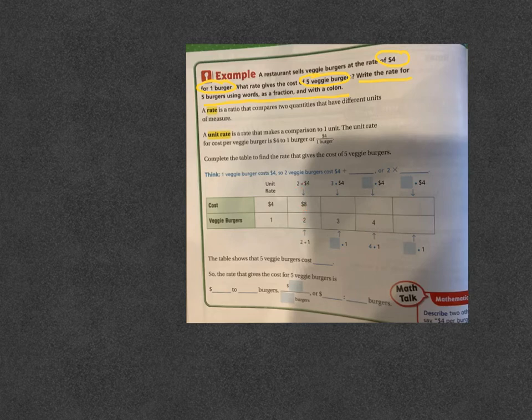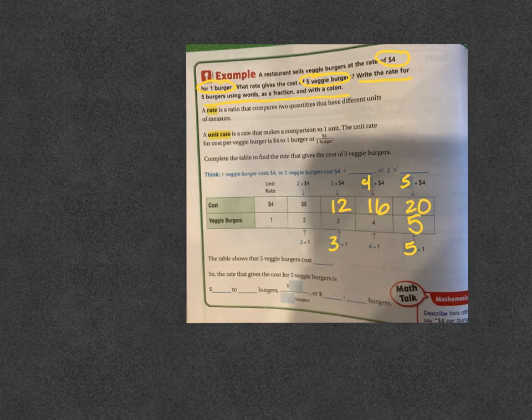Then we have 3 veggie burgers for $4 each. So 4 times 3 is 12. Now we're looking at 4 veggie burgers. It was 1. Now we've multiplied by 4. So if we multiplied this one by 4, we must multiply this by 4. It's $4 a piece. 4 times 4 is 16. 4 veggie burgers, $16. 5 veggie burgers is 5 times 4, $20.